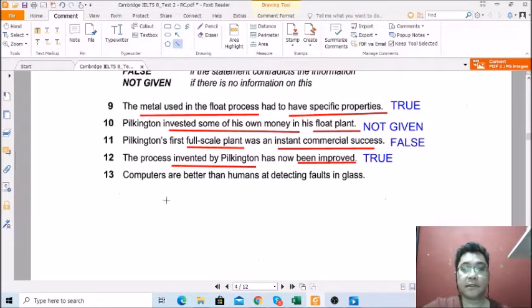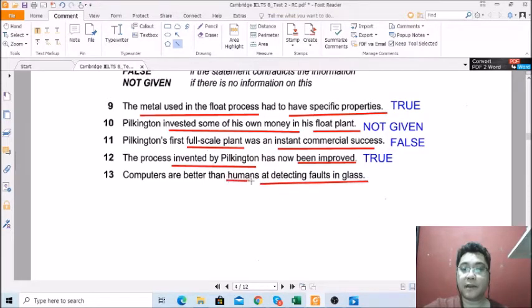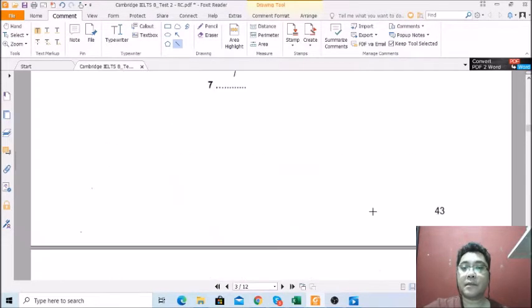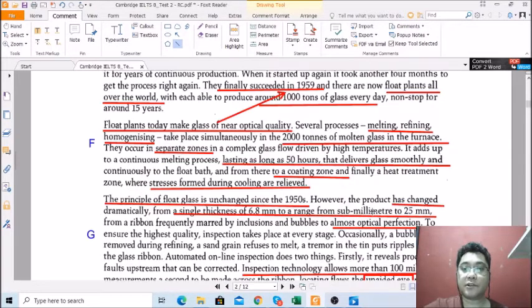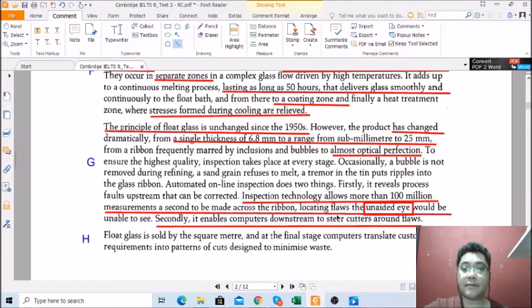And then the last one: computers are better than humans at detecting faults in glass. Well, be careful with the word human here. We can check faults with this paragraph. It says flaws, so that's a paraphrase. Locating flaws, inspection technology allows more than 100 million measurements a second to be made across a ribbon.